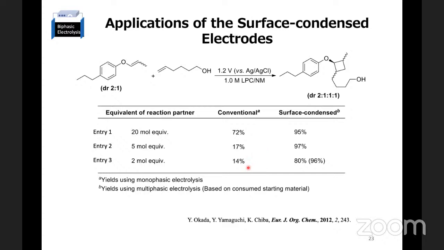On the other hand, when the surface condensed electrodes are used, the yield is greatly improved. Although the structure of the electrolytic cell shown here is extremely simple, it is an example of how the amount of polar solvent and supporting electrolyte, as well as the reagent required, can be significantly reduced by properly controlling the biphasic solution system and the electrode installation method.